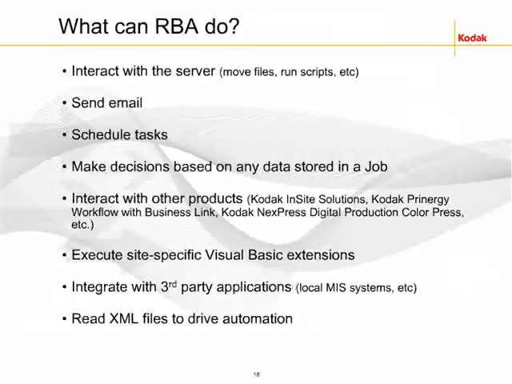There's several things you can automate with the RBA system. When you use the RBA system with Prinergy, it allows you to automate several different tasks and initiate them, and you can have several different inputs into it. You can use the system itself with some predetermined conditions, such as the file's done processing, the file's ready for proofing, the file's ready for output, due dates, etc. There's several different predetermined conditions. You can also have systems initiate it through an email or some kind of web service, an MIS service, or a customer service person can initiate an action based on a trigger that the system is monitoring.